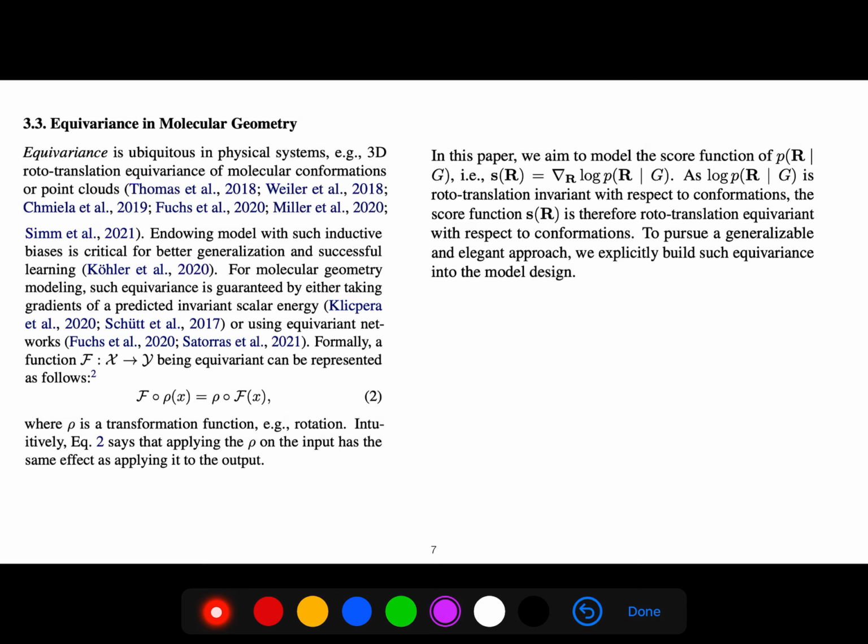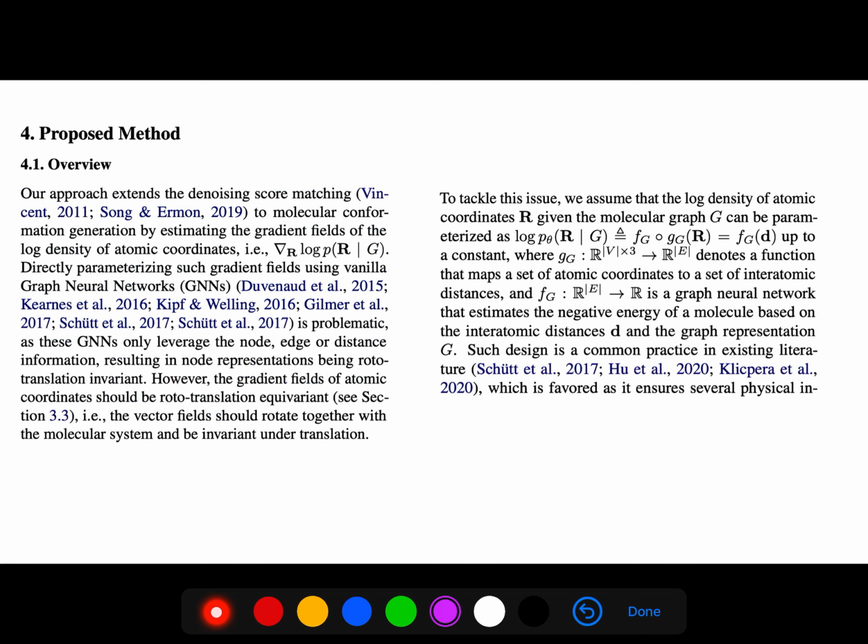So a function f is equivariant if you first apply a transformation, like a rotation, and then apply the function, and that is the same as first applying the function and then rotating.